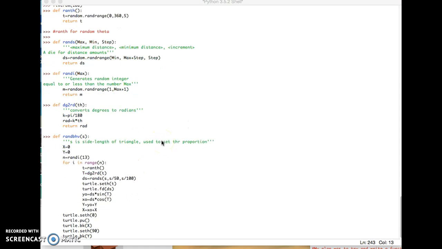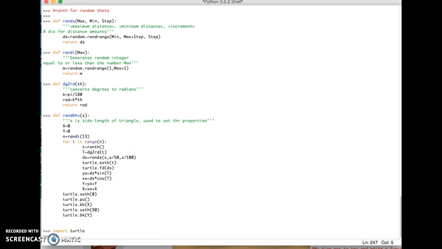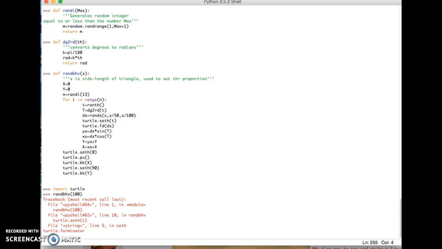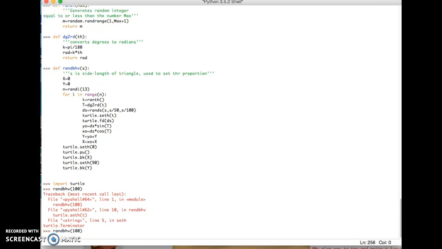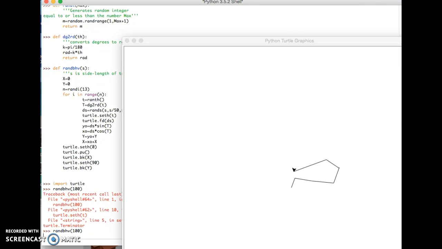Sorry I glossed over that, but I'm going to show you what it does. Alright, so you can see it doing a random walk, and then it returns.